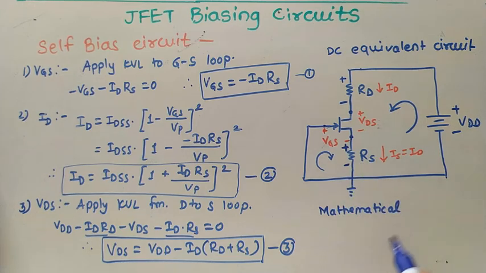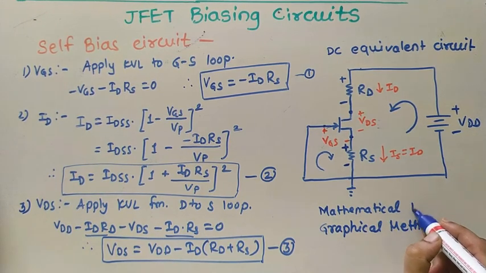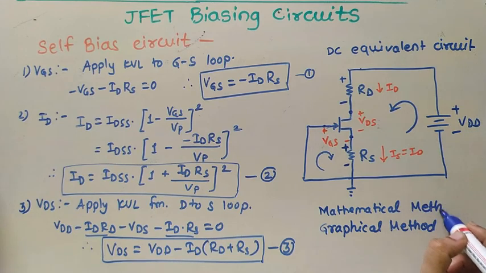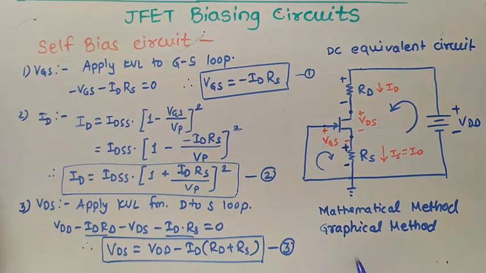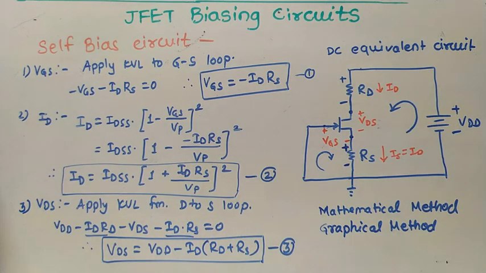There is one more analysis that is called a graphical method. You can call it mathematical method for DC analysis, and another is graphical method of DC analysis. In that graphical method we can find out the similar values VGS, ID and VDS with the help of transfer characteristics.